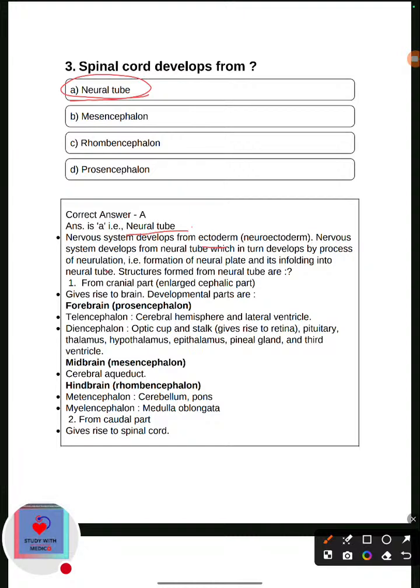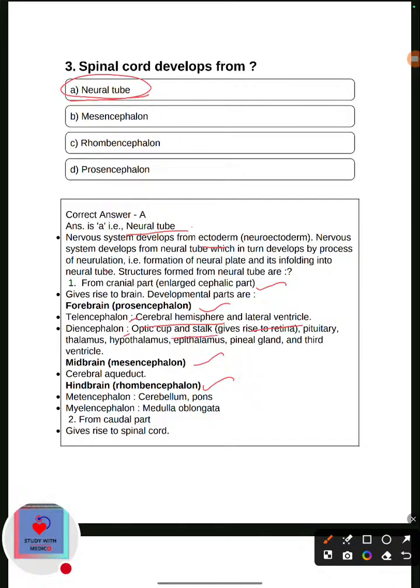Structures formed from the neural tube: the enlarged cranial, cephalic part gives rise to the brain. The developmental parts are the forebrain, also called prosencephalon, the midbrain, mesencephalon, and the hindbrain, rhombencephalon. Forebrain has telencephalon and diencephalon. Telencephalon is the cerebral hemispheres and lateral ventricle.